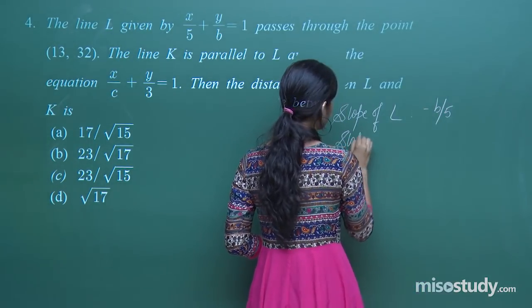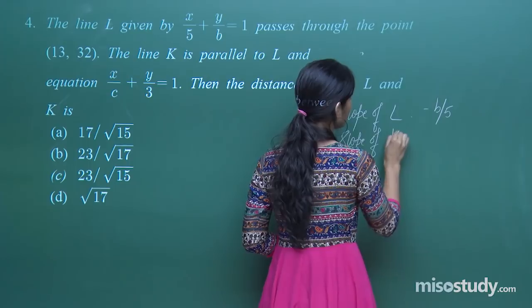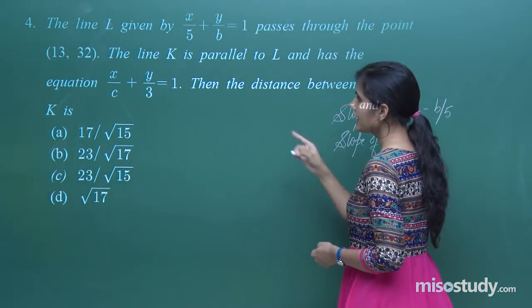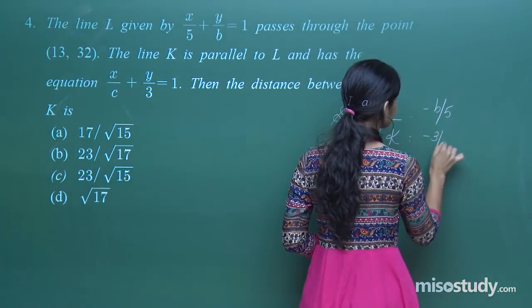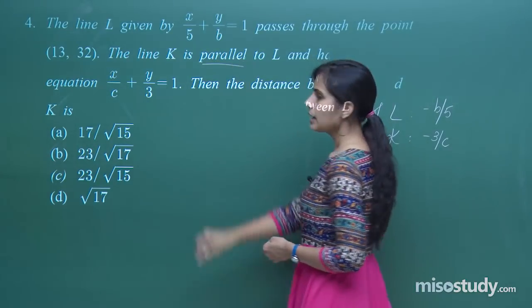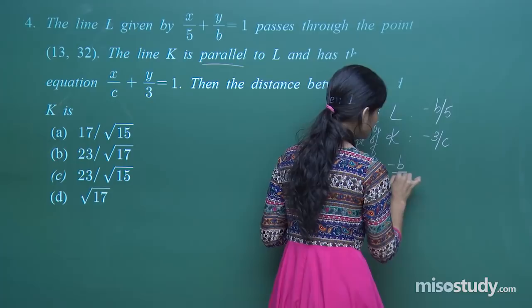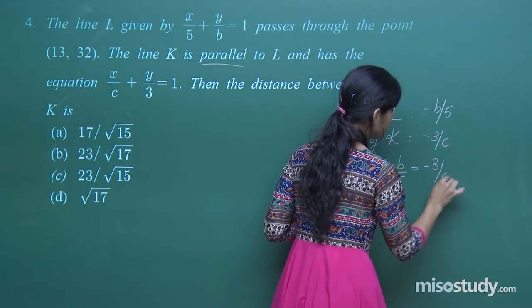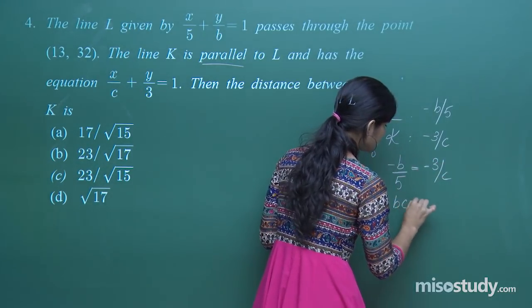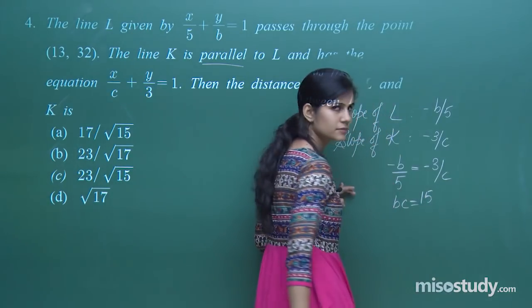Slope of K, because their equations are known to me, is minus 3 by c. They both are given to be parallel, that means their slopes will have to be equal. So you get minus b by 5 equals minus 3 by c, which gives you BC equals 15.